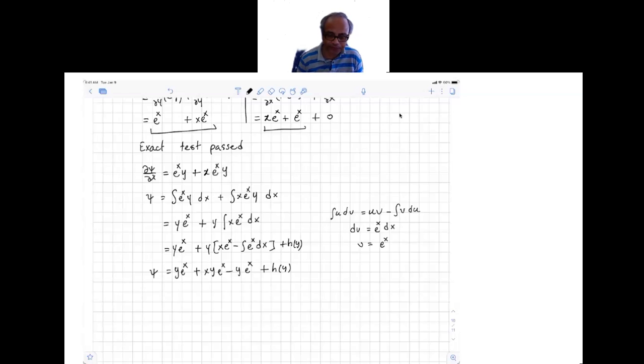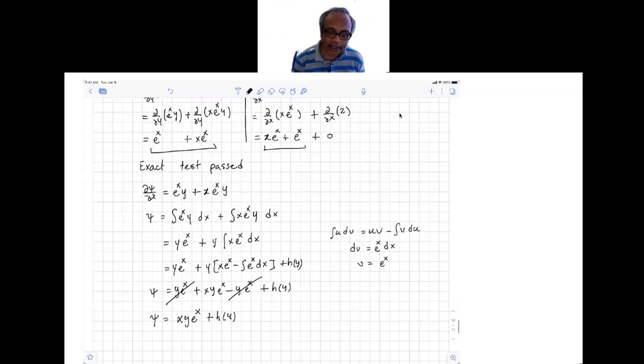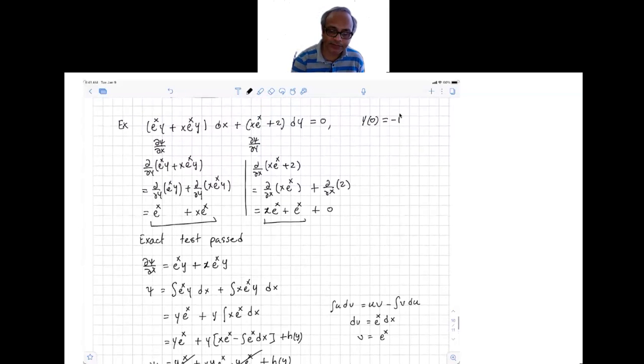Right? Now you see that y e to the x gets cancelled, plus h of y. So at this stage, you want to find what is psi, or what is h, then what is psi. So you look at this side here. So you're going to consider this side, the coefficient of dy.